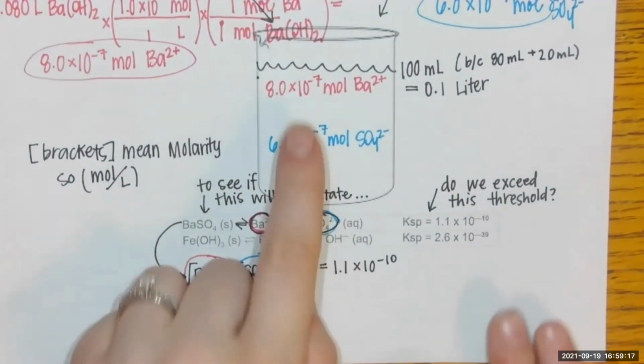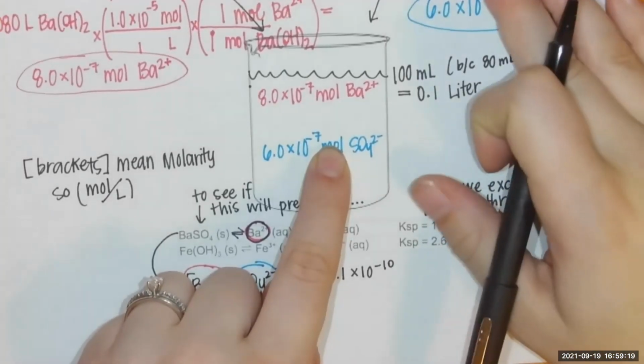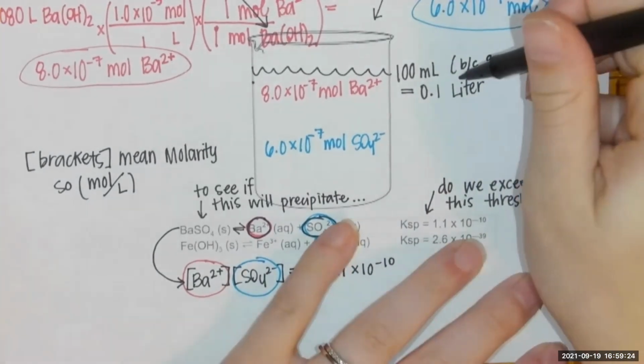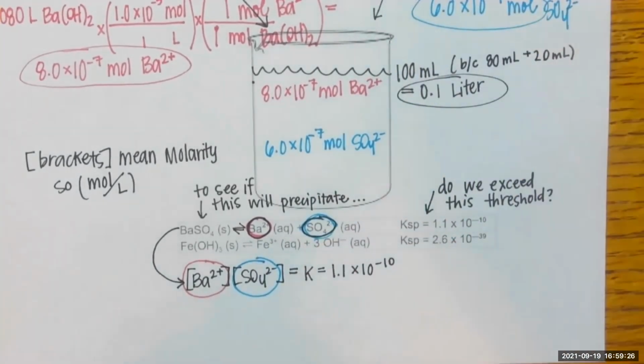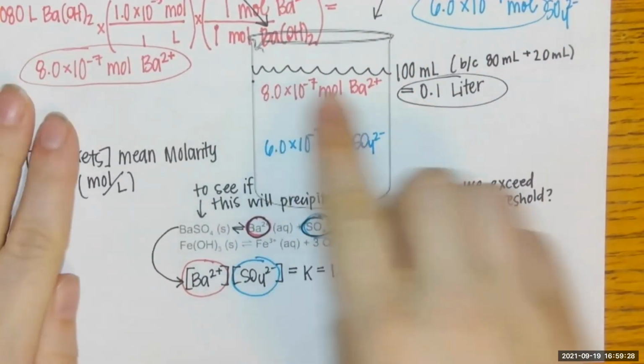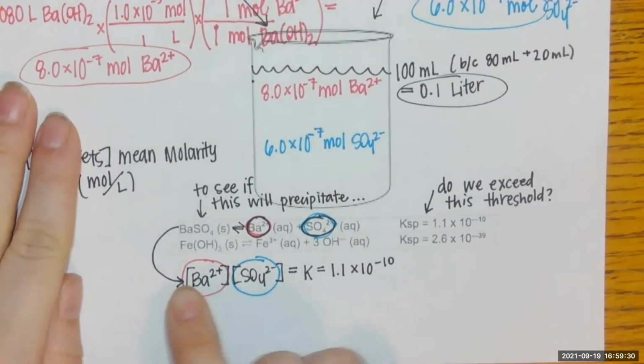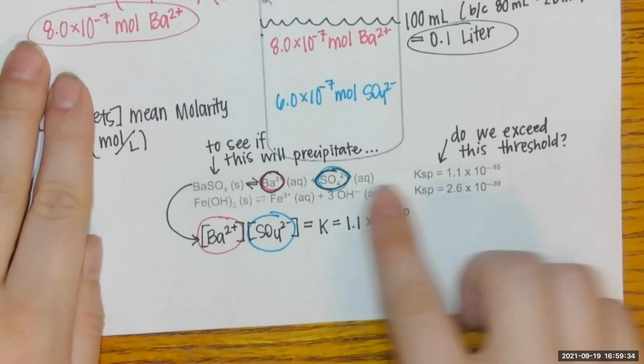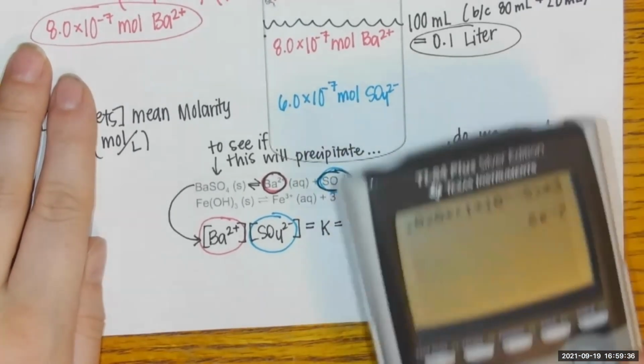So we're so close. This is moles. This is moles. These are moles per liter. We know how many liters it is. So let's just do moles divided by liter, plug it in, and then see if it exceeds the threshold.